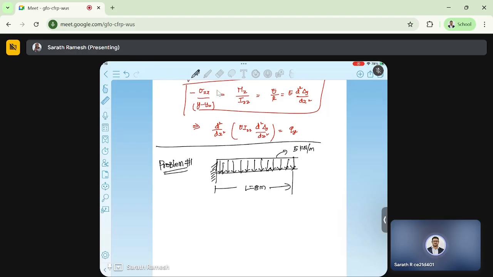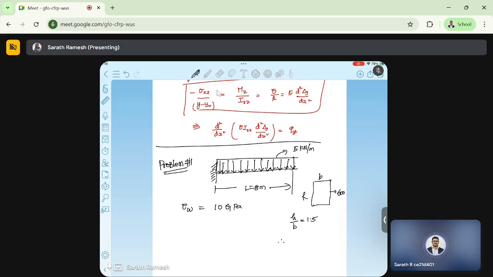This is made of wood, so the Young's modulus is given as 10 gigapascal. The cross sectional dimensions, the depth and the width ratio, is given as 1.5. H by B is equal to 1.5, and particularly H is given as 600 mm.